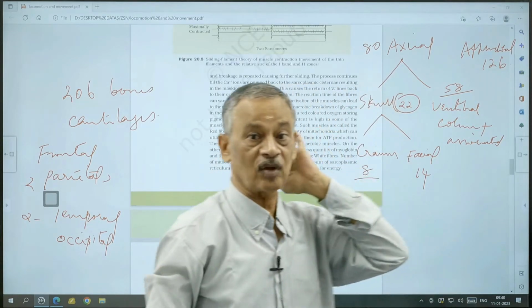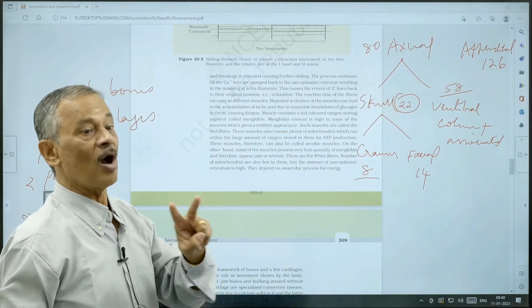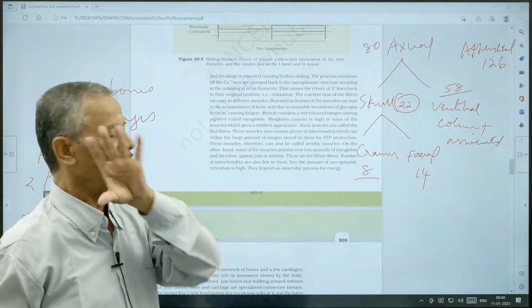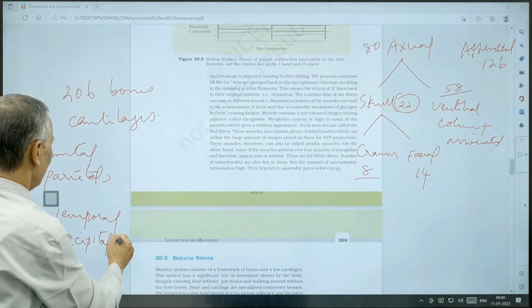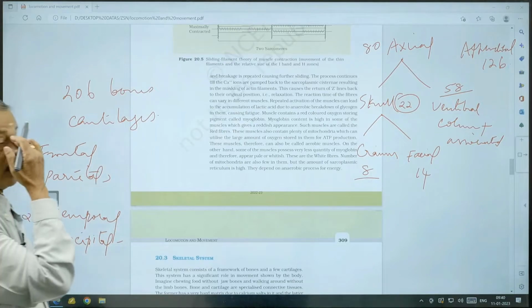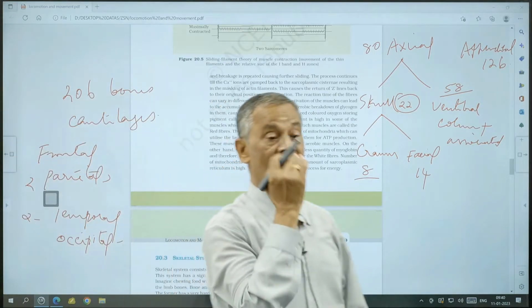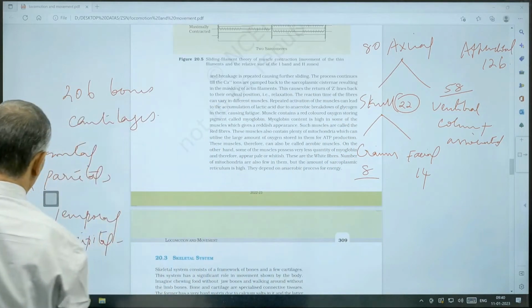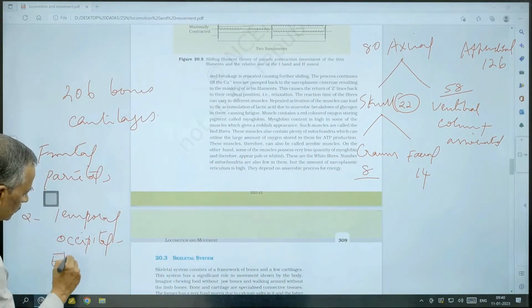It is because of the two condyles. So our skull is called dicondylic. Condyles are present in the occipital bone. Then we have the ethmoid and sphenoid bones. Ethmoid and sphenoid. Single.